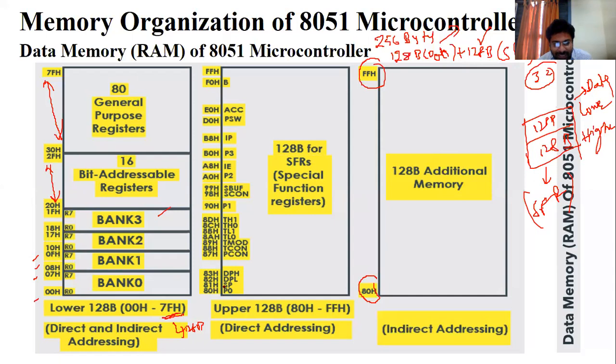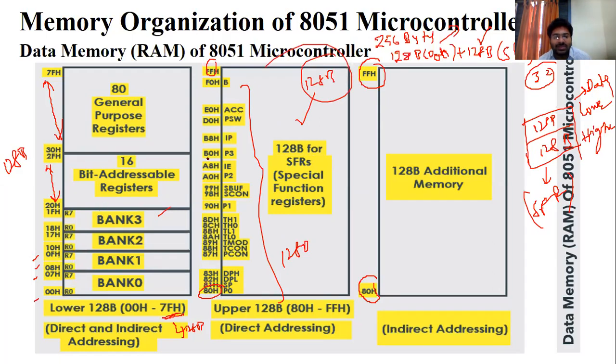We are using 80H to FFH, which is the remaining 128 bytes, for the special function registers. This is 128 bytes, and this is another 128 bytes. So we are accessing this one.